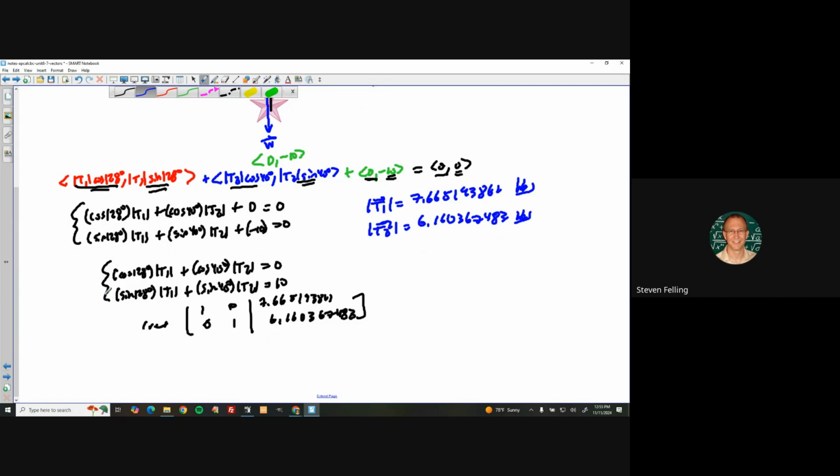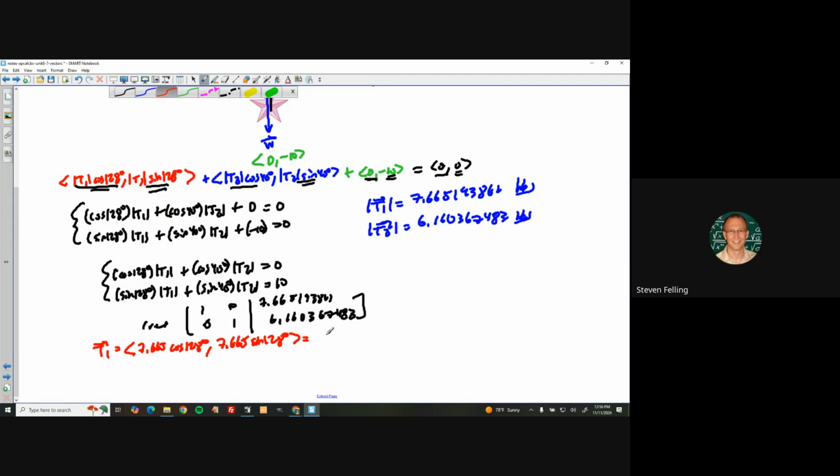So tension 1, I'll put that in red. Tension 1 as a vector is that number 7.665, I'm going to abbreviate a little bit, times cosine of 128, that's its x component, and magnitude 7.665 times sine of 128.